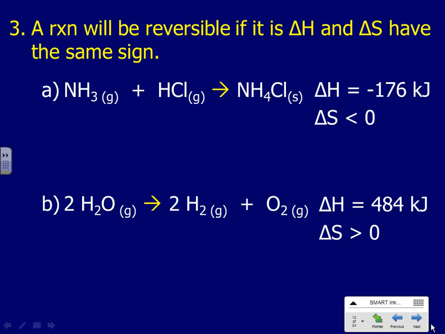The universe wants chaos, but wants the minimum amount of energy. So it's being pushed in opposite directions. In this case, it's endothermic, so the universe doesn't like to proceed this way. It wants to proceed back this way. And in this case here, it has an entropy greater than 0 because it's becoming more chaotic, so it's pushing it the other way. Again, that one is reversible, even though I used it as an example of non-reversible. Anyway.